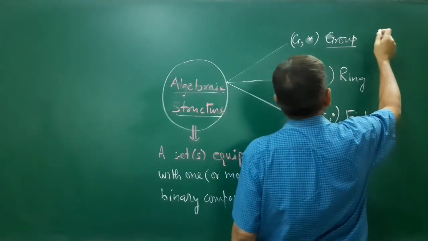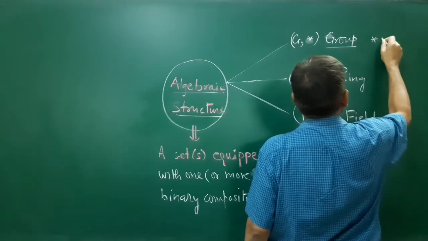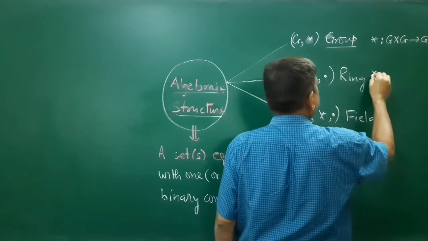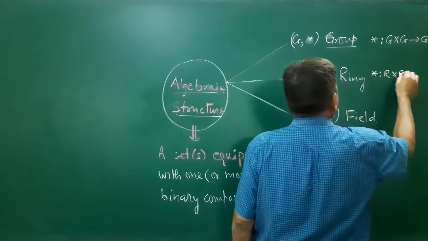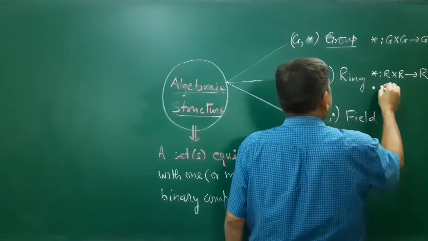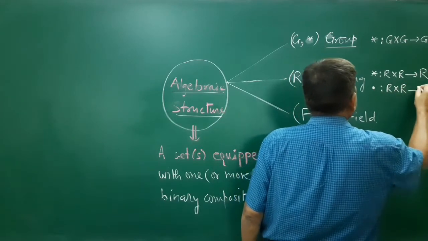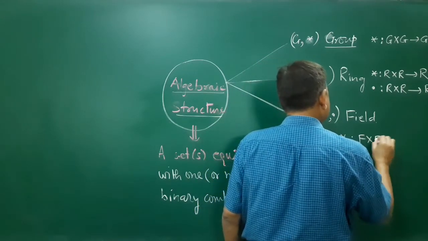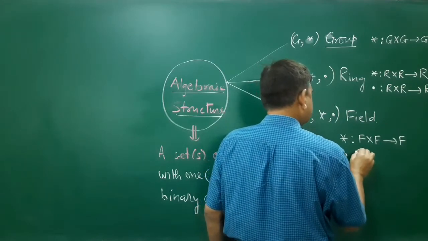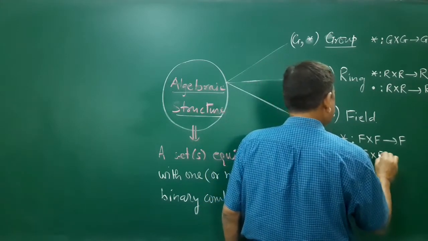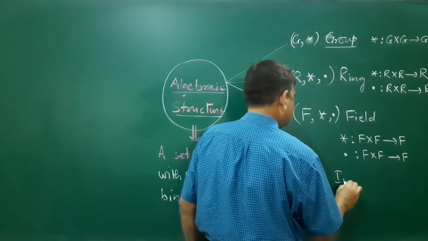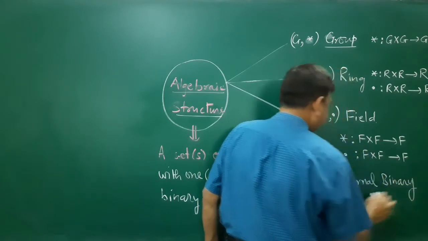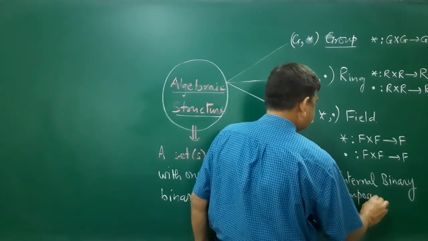Composition is internal. That means it is G cross G to G. Here it is R cross R to R, two binary compositions. Here it is internal binary composition.